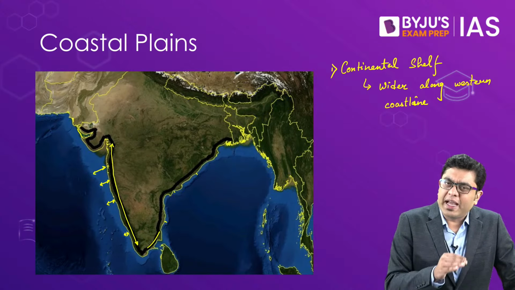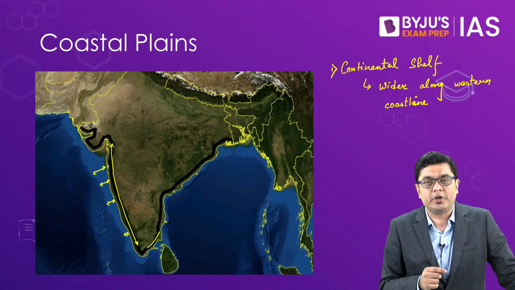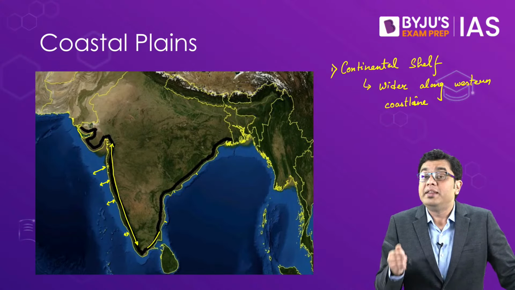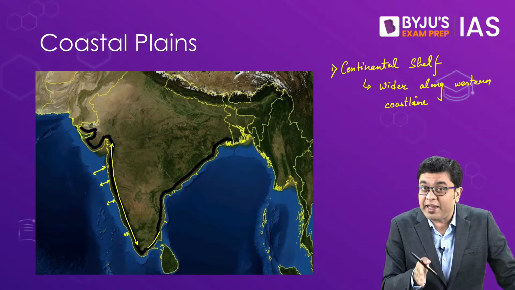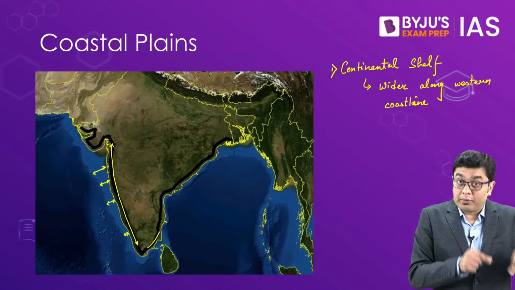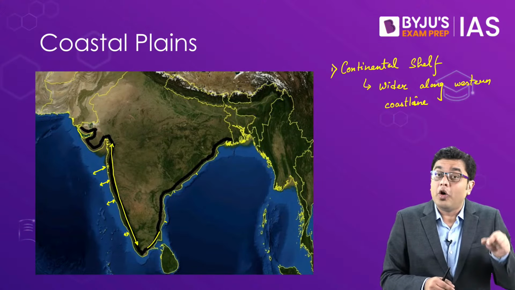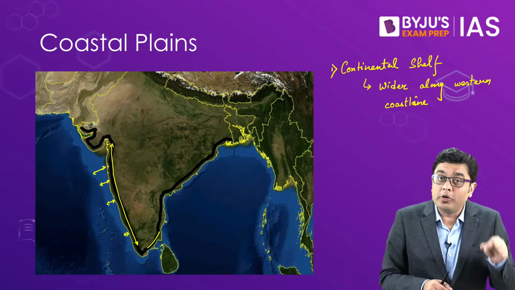We know that we have a wider continental shelf area along the western coastline, and we also have the Western Ghats very close to the coastline. So, not only is the coastal plain significantly narrow, but it also has certain unique features.